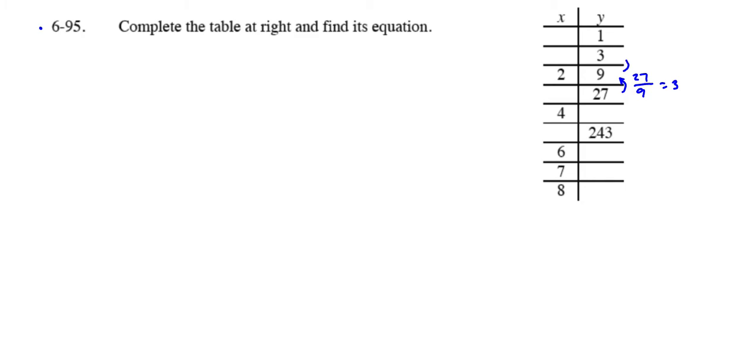If I do 9 divided by 3, I also get 3, and so on. So we have a common ratio for our y values, that is 3.